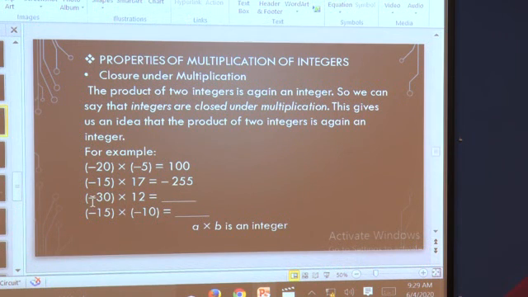A similar example I have given to you is minus 30 multiplied by 12. What will be the answer? Anyone? Okay, you can take your time and give me the answer. First, what do we have to do? We have to multiply. 12 multiplied by 3 means what? 12 threes are, you know very well, 36.